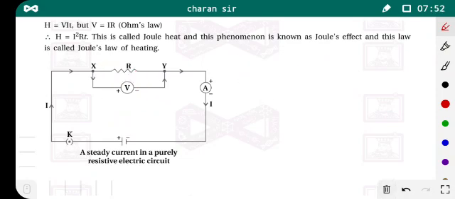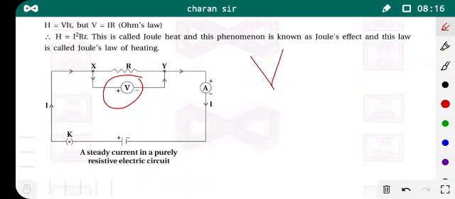Now suppose the current passing through this circuit, that is through the resistor R, is I, and the potential difference across this resistance is V. Now we know the definition of potential difference.